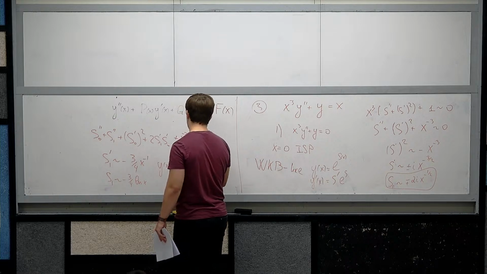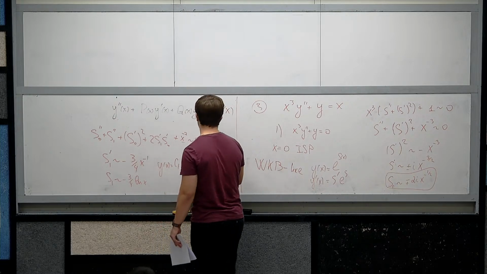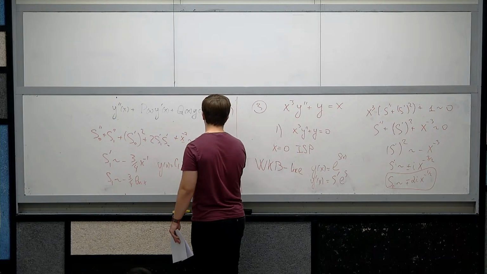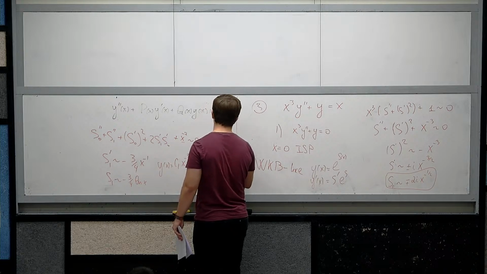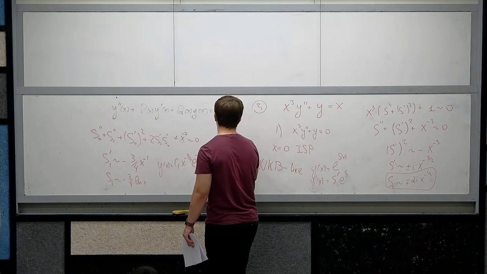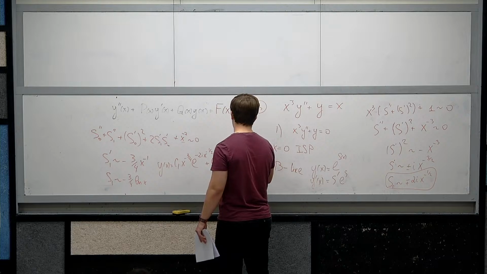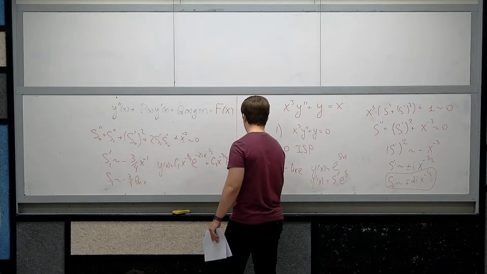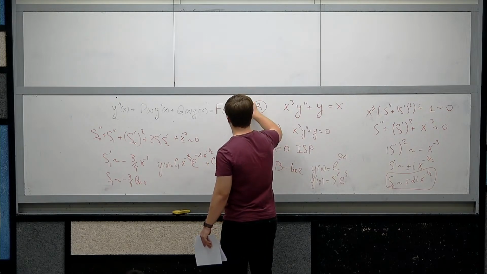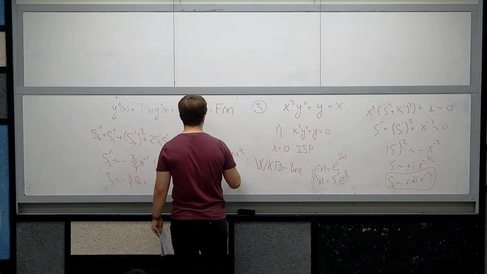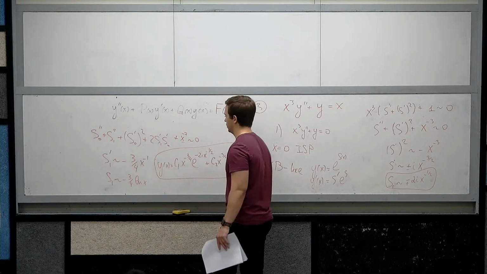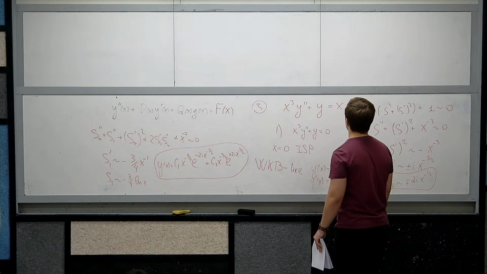C1 x to the minus 3/4 e to the minus 2i x to the minus 1 plus C2 x to the minus 3/4 e to the plus 2i x to the power minus 1 half. Okay. This is the asymptotic solution for the homogeneous equation.